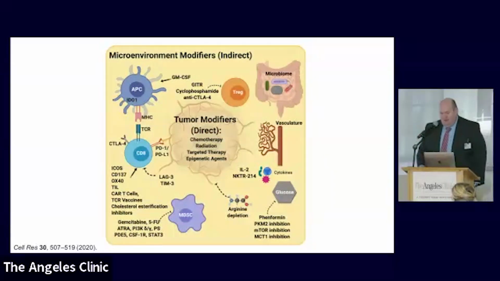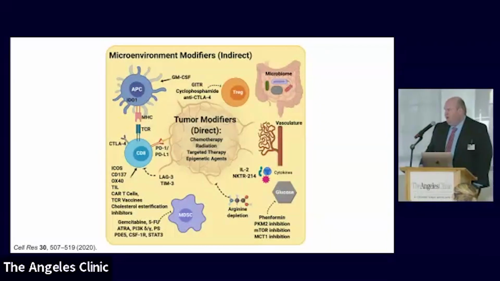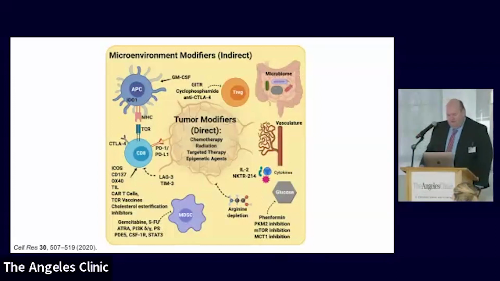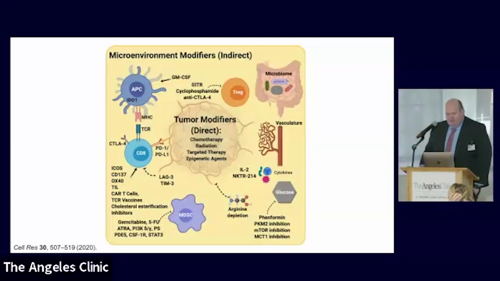play directly to target the cells through tumor death with cytotoxic systemic chemotherapy, radiation therapy, molecular targeted agents, epigenetic modifiers, all directly affecting the tumor. Indirect methods to modify the tumor microenvironment to favor anti-tumor immunity include enhancing the effect of effector T cells and antigen-presenting cells, or trying to block inhibiting agents such as regulatory T cells.